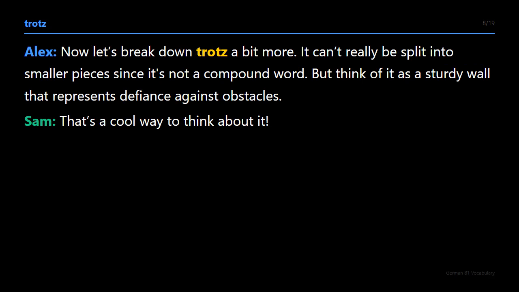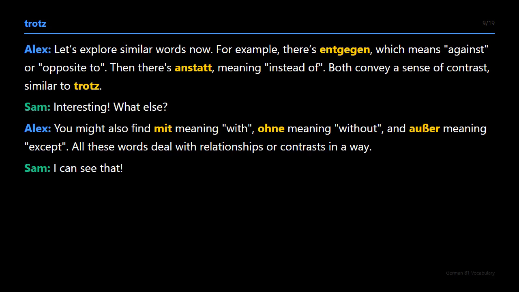Let's explore similar words now. For example, there's "Entgegen", which means against or opposite to. Then there's "Anstatt", meaning instead of. Both convey a sense of contrast, similar to "Trotz". Interesting.